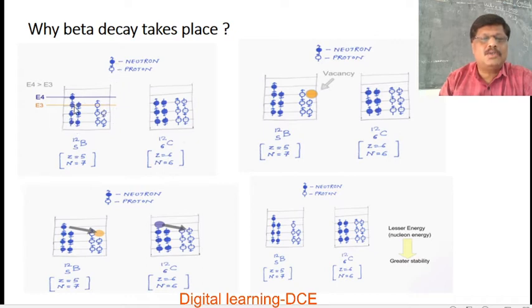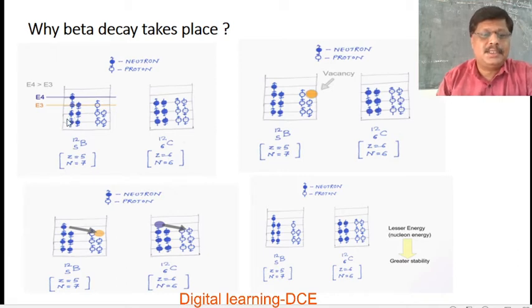So 1, 2, 3, 4, 5, 6, 7, these are the neutrons, and 5 protons, 1, 2, 3, 4, 5. E1, E2, E3, E4 are the energy levels of the nuclei.